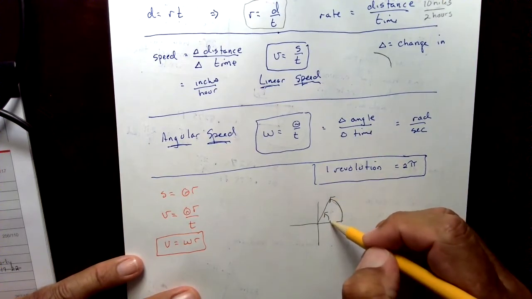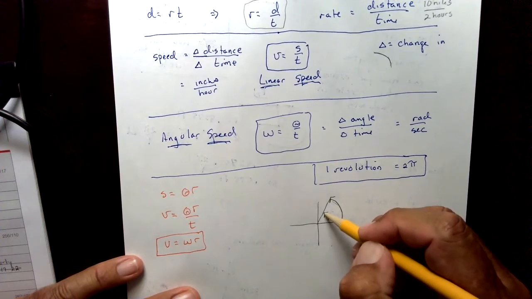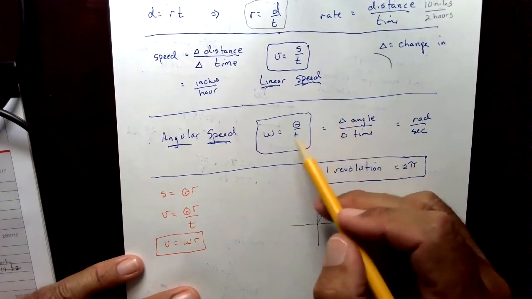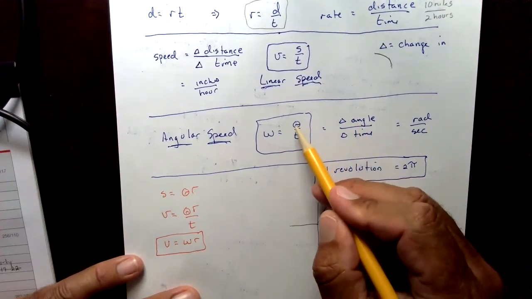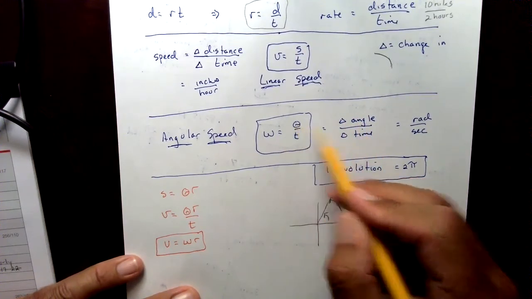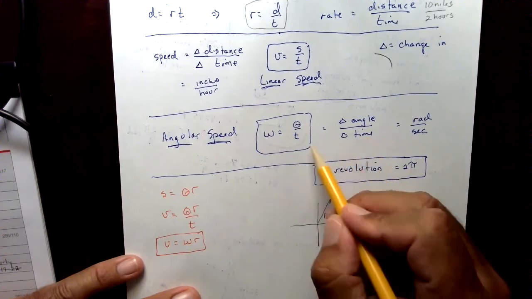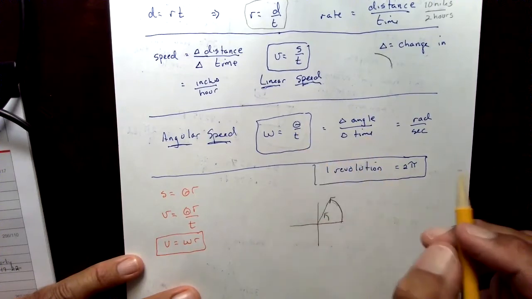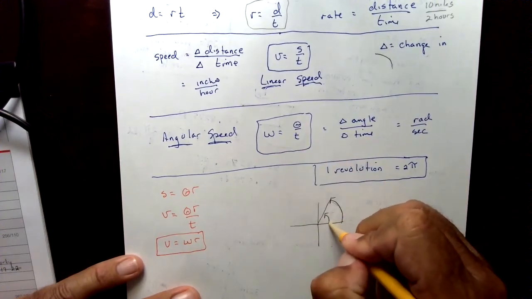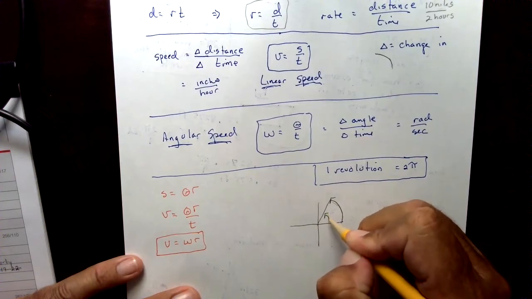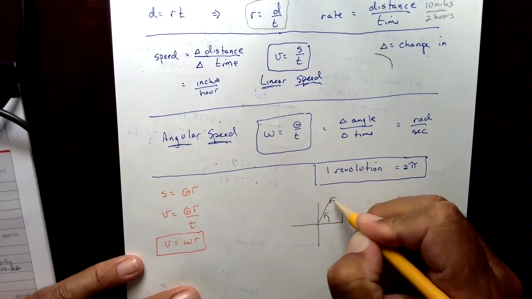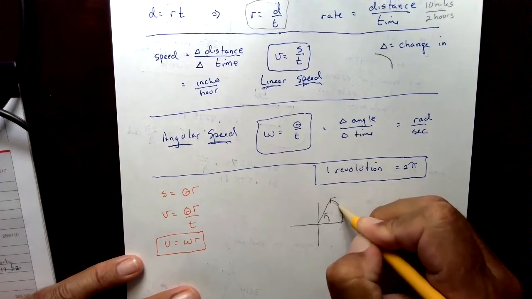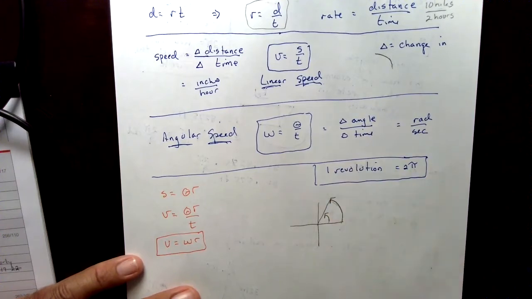Angular speed is angle over time. W equals the change in the angle, theta, which is in radians, over the change in time, T. So angular speed is how fast this angle is changing with respect to time. Linear speed is how fast this line is moving with respect to time.